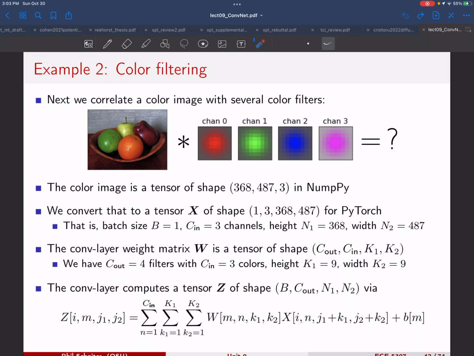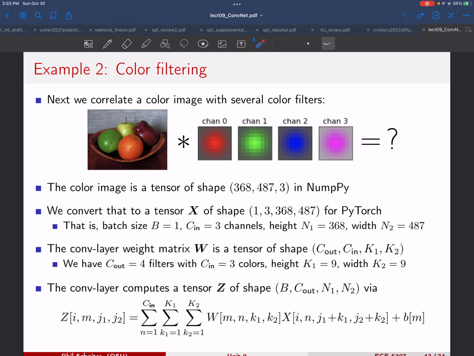So how do we do this? We start with this image. It's a color image. It happens to have 368 vertical pixels, 487 horizontal pixels, and 3 colors. So in NumPy or skimage, the shape of the tensor is like this. The color channels are last, so it's vertical, horizontal, color.